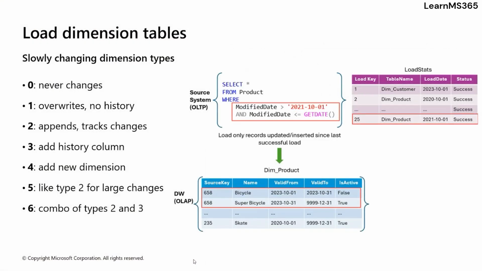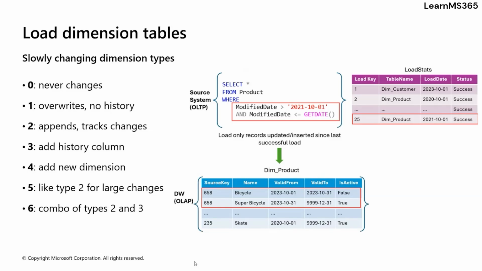Now, to load the dimension table, think of a dimension table as the who, what, where, when, why of your data warehouse. Slowly changing dimensions change over time, but at a slow pace and unpredictably.